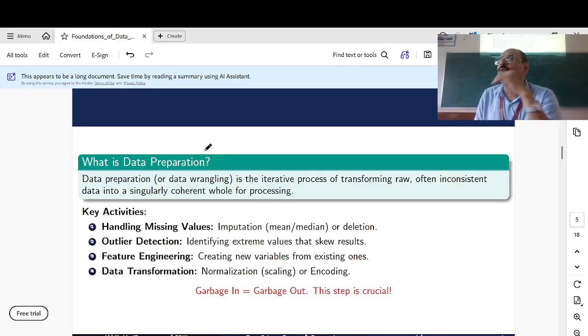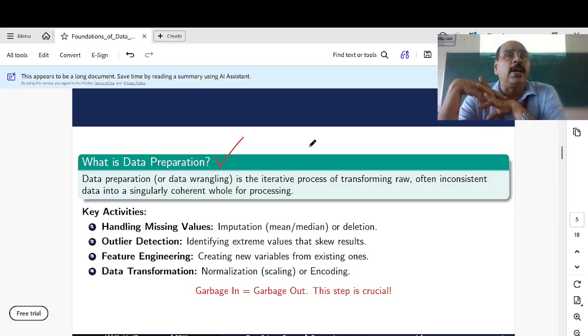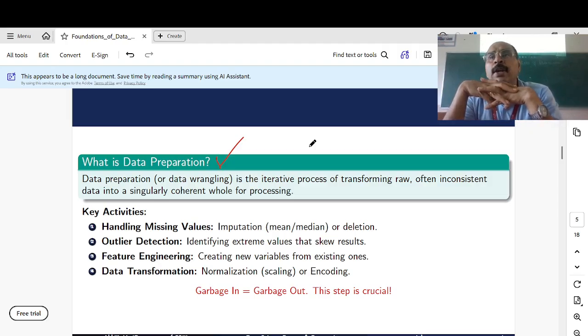The next thing we are learning today is what is meant by data preparation. Another word for data preparation is data wrangling. Suppose you are asked what is meant by data wrangling, don't get confused. It is nothing but data preparation for ease of understanding and for your ability to work with it.